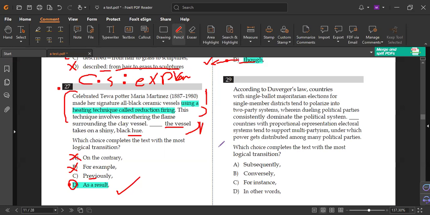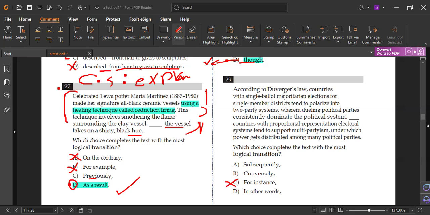Not sure. But what is your answer? Not really sure, but I know for a fact that it's not C. It's not C. Perfect.